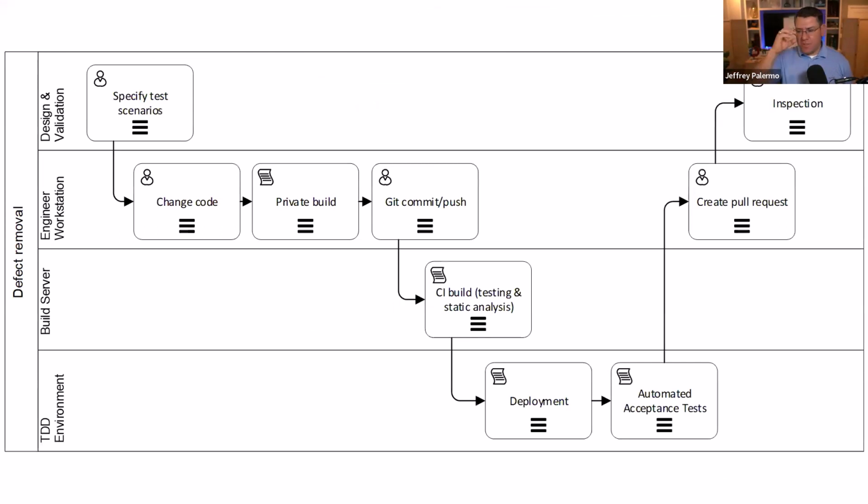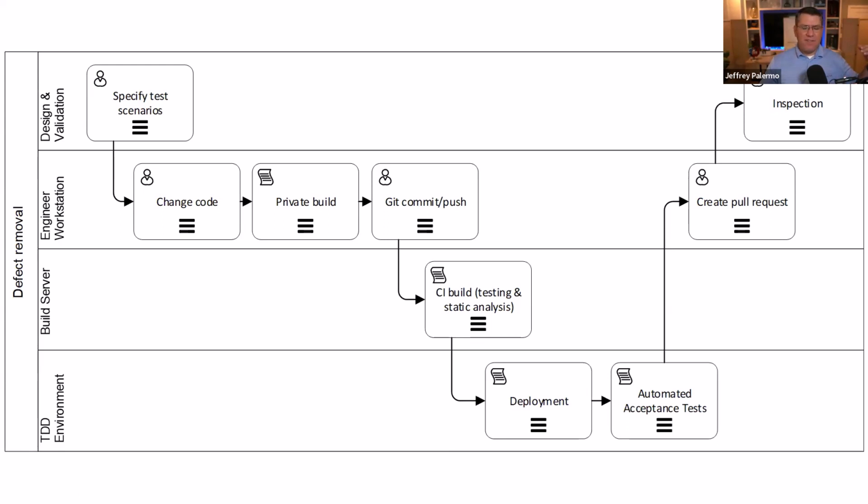Now, when it comes to the process by which we finish continuous integration, this finishes continuous integration with our pull request. And this goes more sequentially. The developer is going to change some code, run the private build, then do a git commit. The build server is going to spin up on the feature branch and create a release candidate off the feature branch. Now these are beta, alpha release candidates.